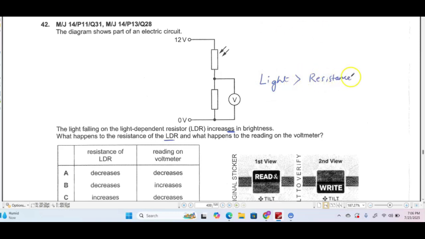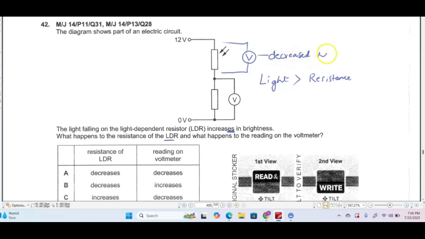So as over here, the brightness of the light has been increased, this means that the resistance of this LDR would have decreased. So if there was a voltmeter connected over here, it would show a decreased reading.